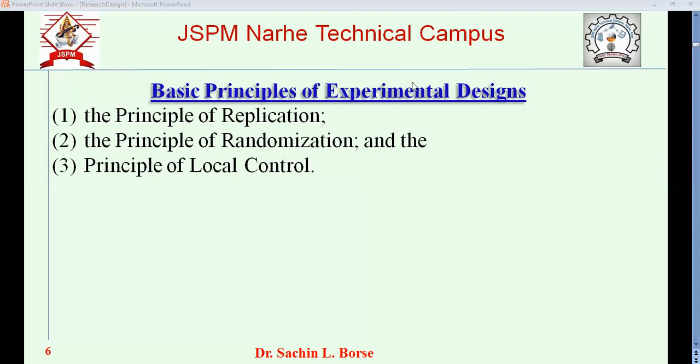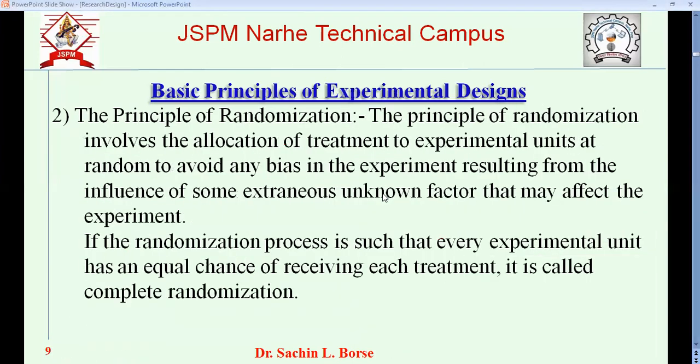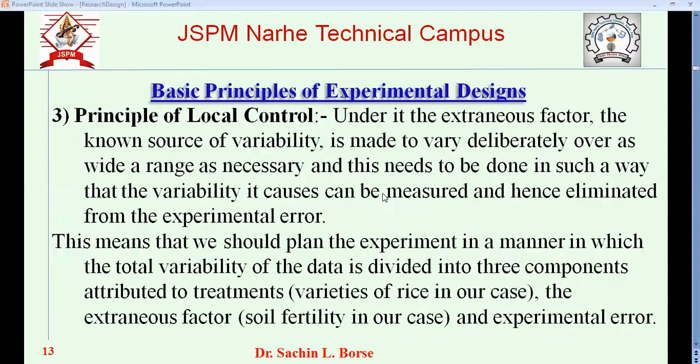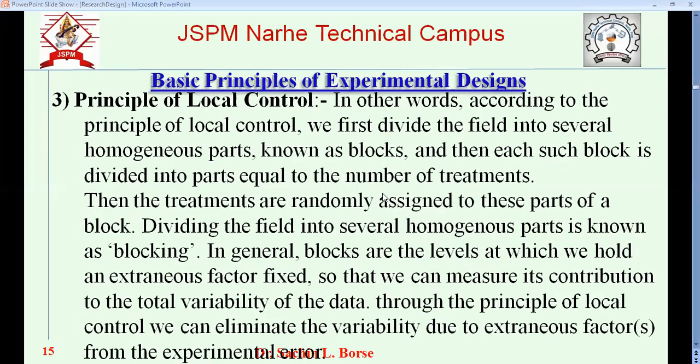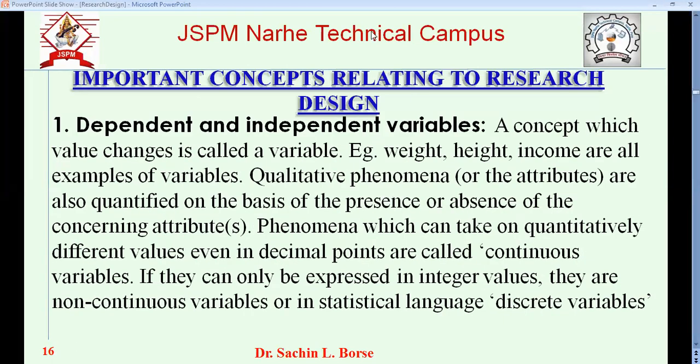What we'll do, we'll see the parameters which are included in this description. So important concepts which are related to the research design we'll see.